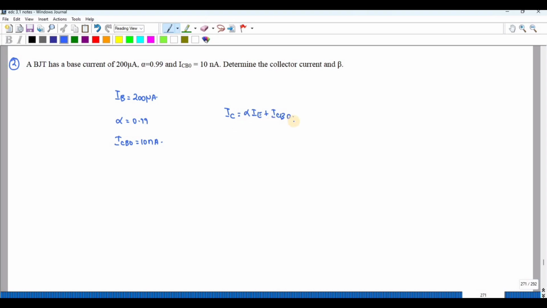This is for common base configuration. Similarly for common emitter, IC is equal to beta IB plus ICE naught. This is for common emitter configuration.